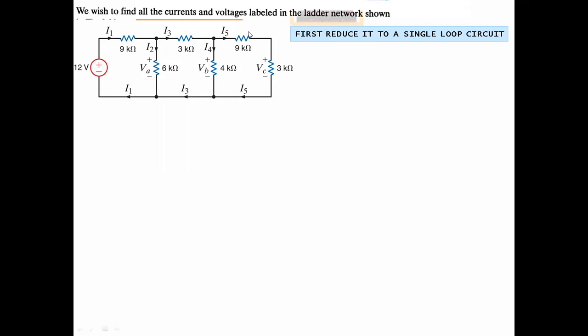So to convert this complex circuit to a simple one, we have to use the series and parallel reduction rule. You can see here that this 9k ohm resistance and 3 kilo ohm resistance are in series, so the result will be 12 kilo ohm resistance.